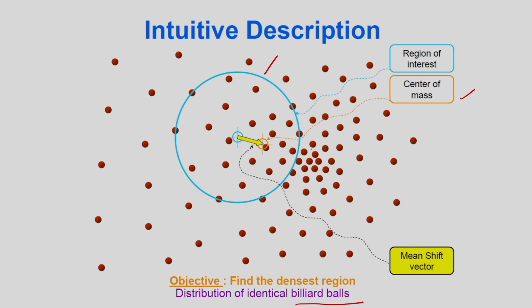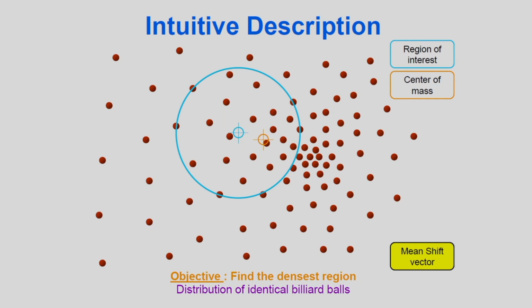You can see the mean shift vector, that is the vector from the center of the window to the new centroid, the center of mass. So you will be getting the mean shift vector. I have to move the center of the window to the new center of mass.